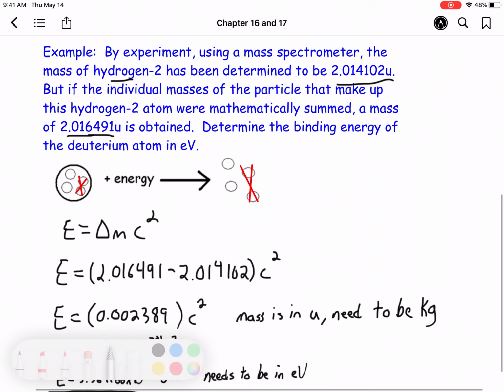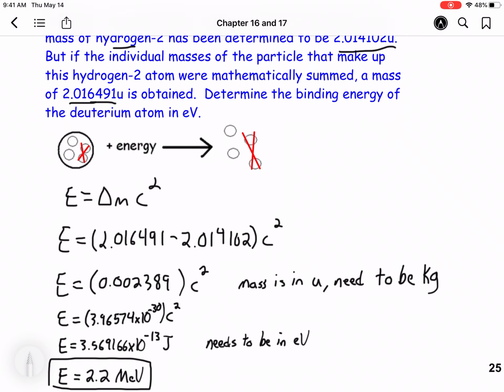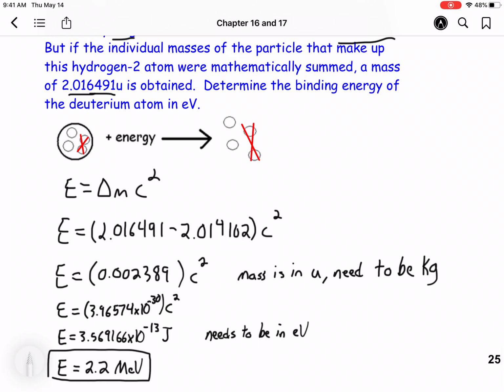So we can figure out how to determine the binding energy in eV. The first thing I did was take E equals mc squared, but I put a delta m there to remind me that's a change in energy. So I took the final mass minus the initial mass. It's change in mass.